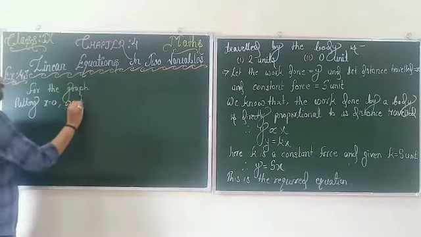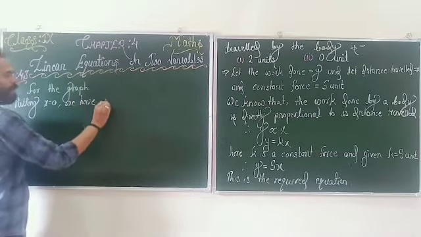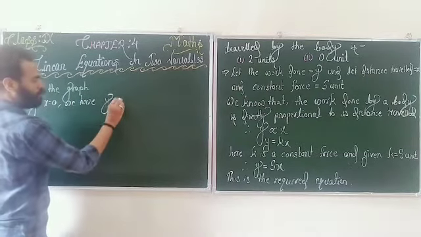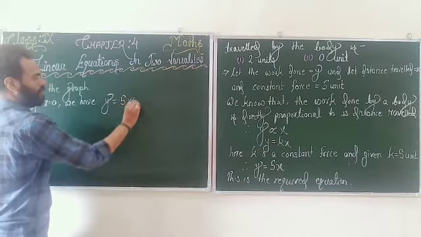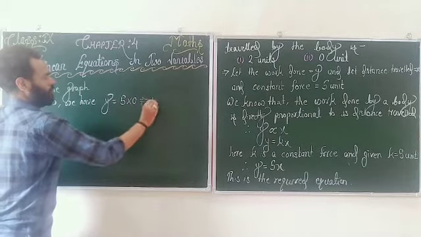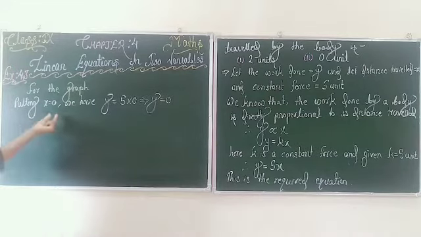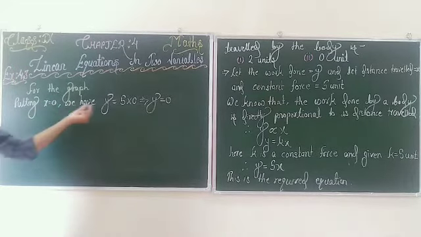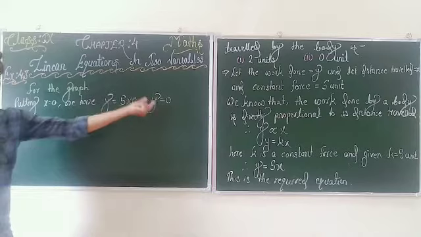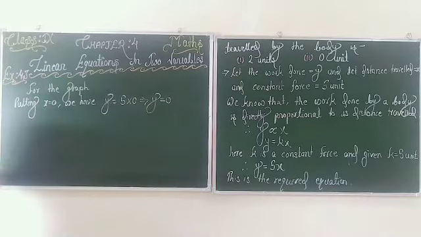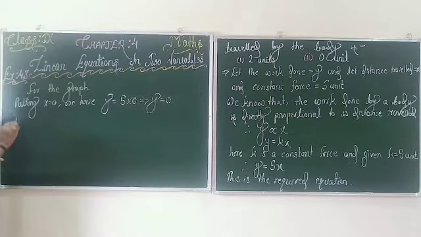We have y is equal to 5x, so in place of x we take 0, so the value of y is 0. x is the distance traveled. If the body travels 0 distance, then the work is also 0. So we can say the work done is 0 and the distance traveled is also 0.